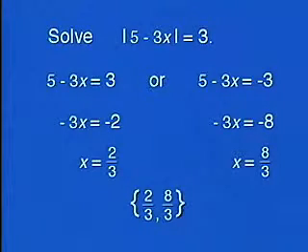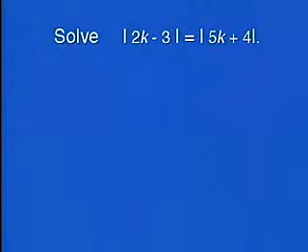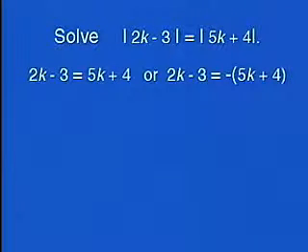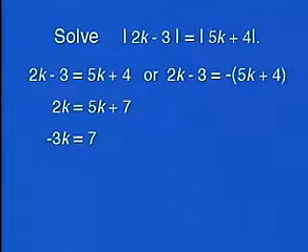Now let's look at an equation of the second type. We want to solve the absolute value of 2k minus 3 equals the absolute value of 5k plus 4. 2k minus 3 equals 5k plus 4, or 2k minus 3 equals the opposite of 5k plus 4. Solving the first equation, we find that 2k equals 5k plus 7, -3k equals 7, or k is equal to -7/3.